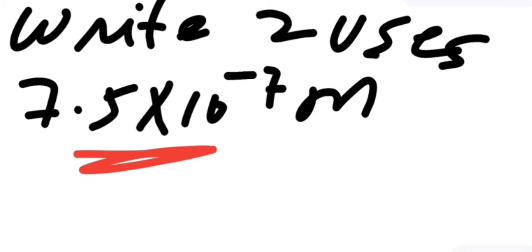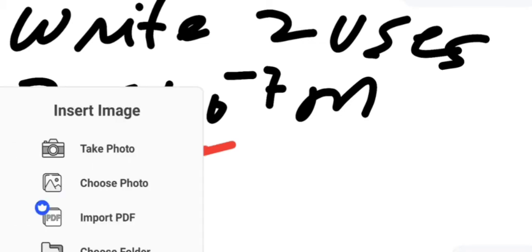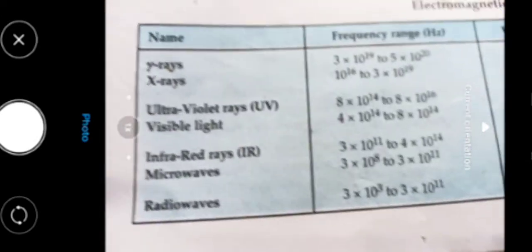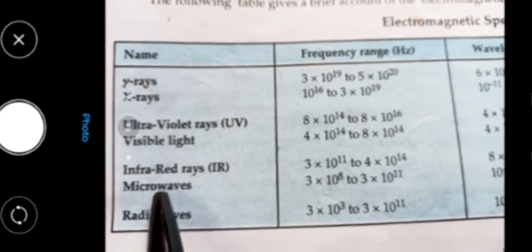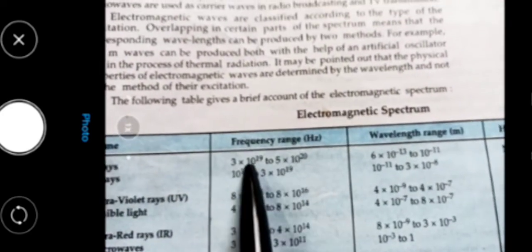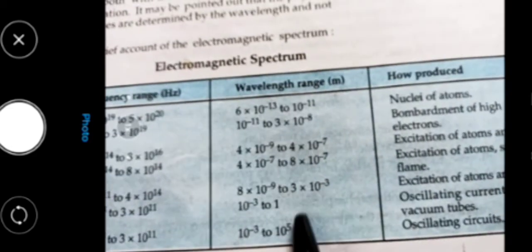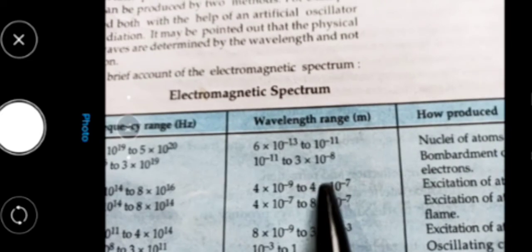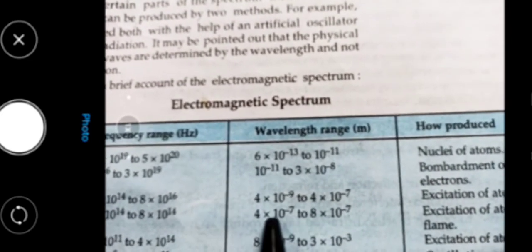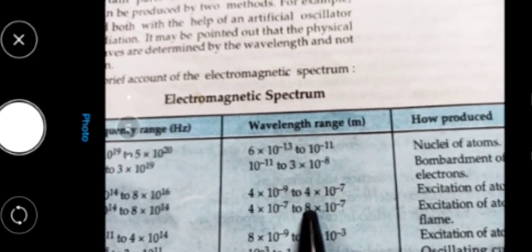Okay, so let us check the frequency range. Here you can see gamma rays, X-rays, ultraviolet, visible and infrared, microwaves and radio waves, and then the frequency range and wavelength range. So we have to check 7.5 into 10 to the power minus 7. Here is minus 7. So 7.5 will be between 4 into 10 to the power minus 7 and 8 into 10 to the power minus 7.